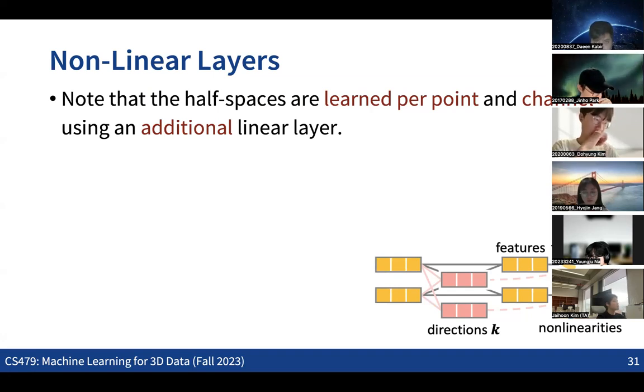The half spaces are also predicted using an additional linear layer. So as you can see, we have one linear layer predicting the feature vectors and another linear layer defining the half spaces. By combining these two, we can apply the nonlinear truncation function.